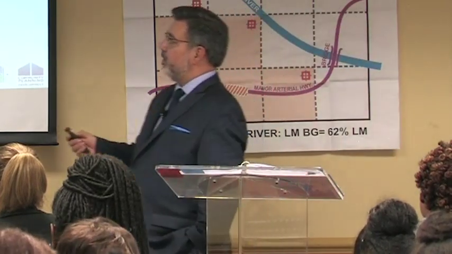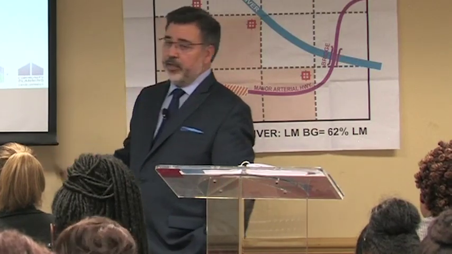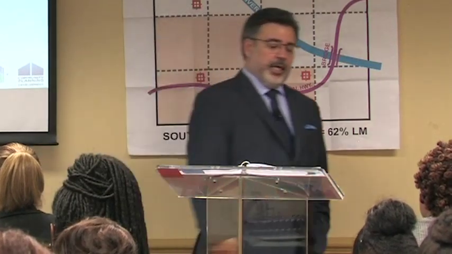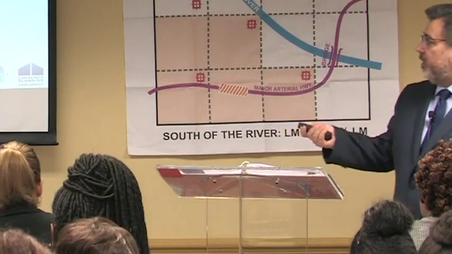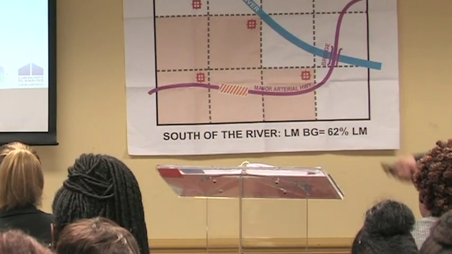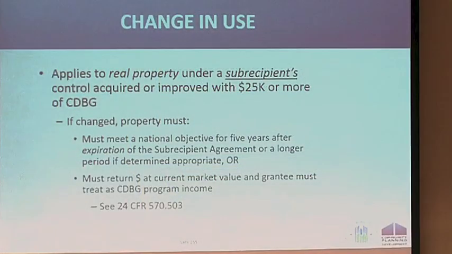Now, depending on the assistance level, your period may be greater than 5 years. But after those 5 years, once it's met the requirements, they can actually sell the property.